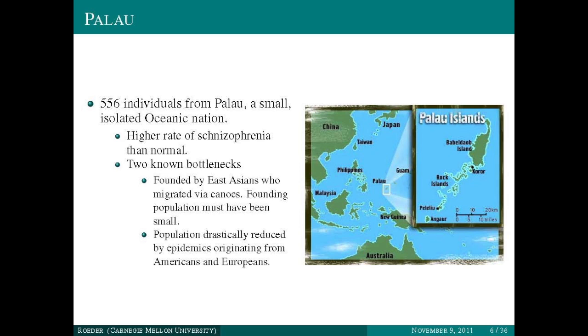So it's kind of neat because it's not neat that everybody died, but it's neat that they're all related to each other. And so this is a great place for trying to map a disease if everybody's related. It's one big, big, big pedigree.